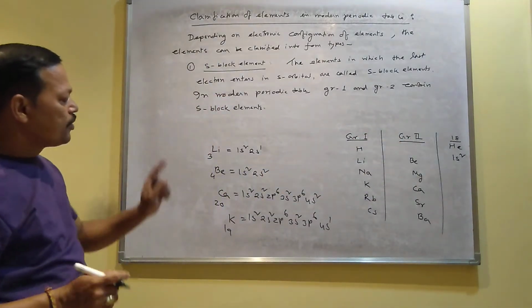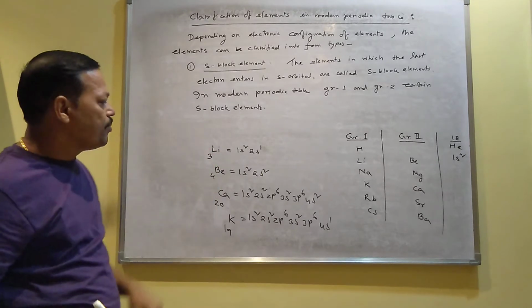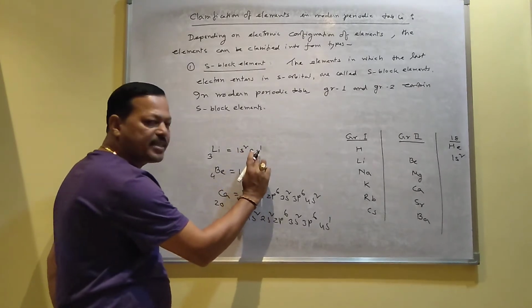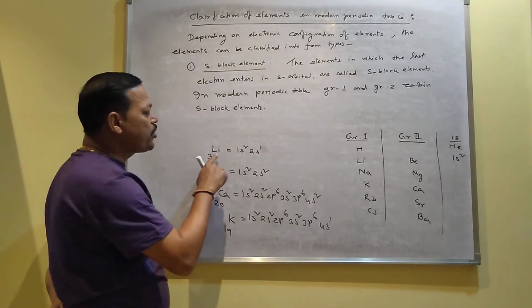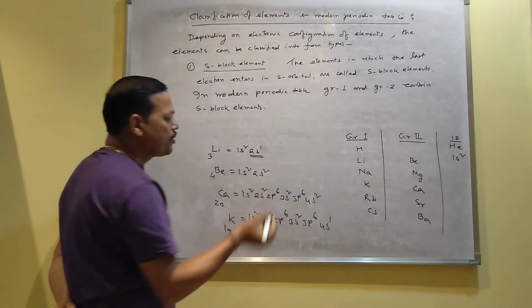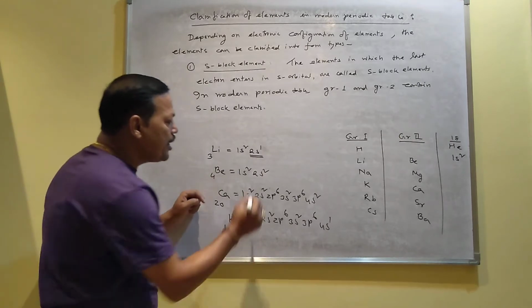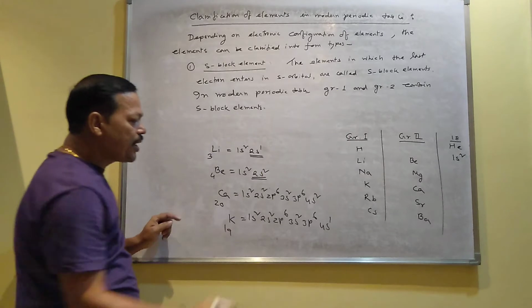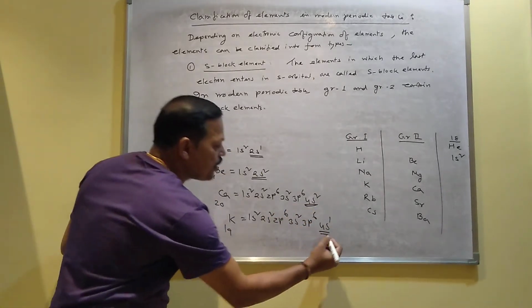Now, if I ask you what is the valence shell configuration of lithium: 1s is present in the first shell, 2s is present in the second shell. The outermost shell is called the valence shell. So the valence shell configuration of lithium is 2s1. For beryllium, that is 2s2. For calcium, that is 4s2. For potassium, 4s1.